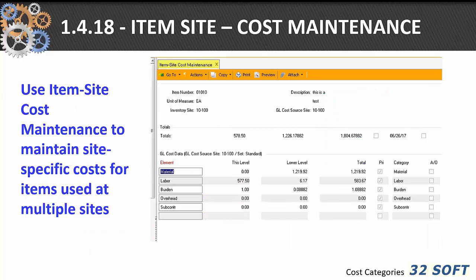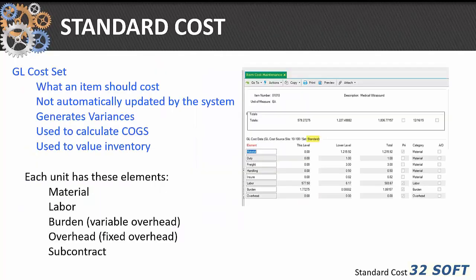If you use item sites or you use sites other than just the one for your domain or entity, then you're going to use the 1.4.18 to set up those so that you can differentiate the cost between them.